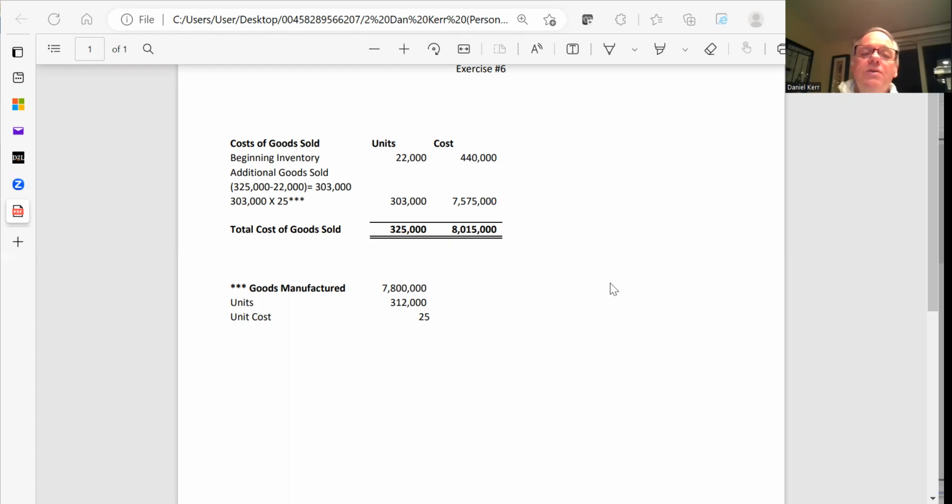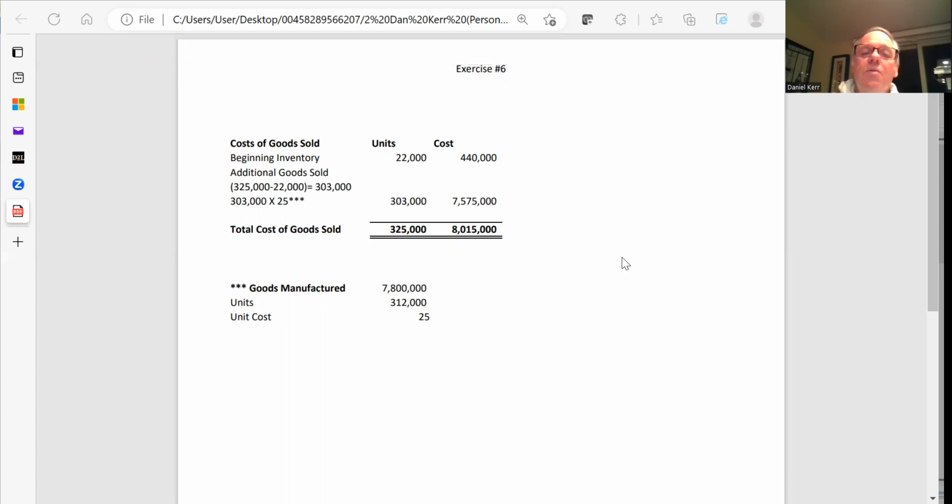So the total cost of goods sold for the 325,000 units is made up of the 440,000 you had in beginning inventory, plus the 303,000 units manufactured this period at $25. So your answer there is 8,015,000.